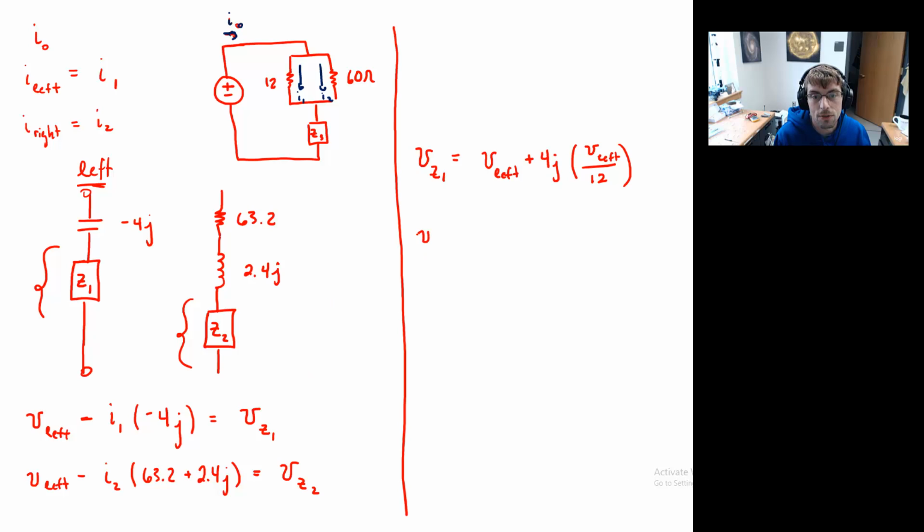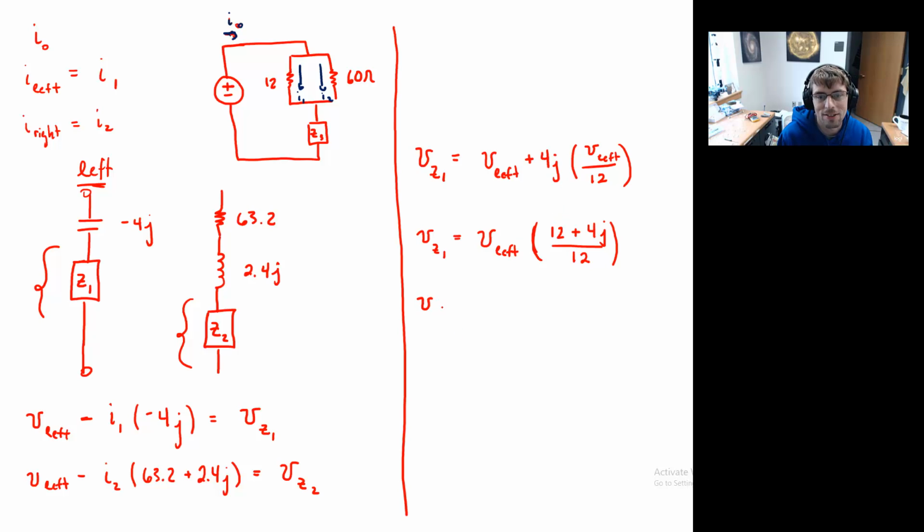So the potential drop across Z1 is simply the potential drop across the left-handed branch. And we'll put it as 1 plus 4J, and I'll write that whole thing over a common denominator of 12. And now you can see that 12 was the resistance of that entire branch.